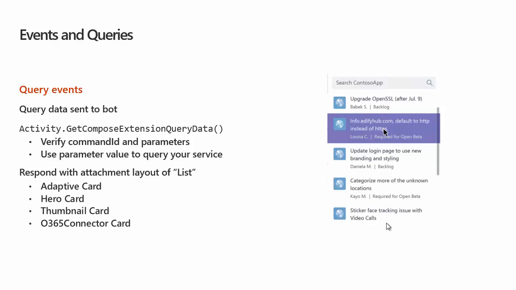You can then make a call to the get compose extensions query data method, which will return to you the information that you define in your manifest. It should match, as well as the value that the user chose for their query. You would then respond to that message with a message that has an attachment of type list, and you would send a list of adaptive cards, hero cards, thumbnail cards, or Office 365 connector cards as appropriate to render the information that the user can then pick to send their message.